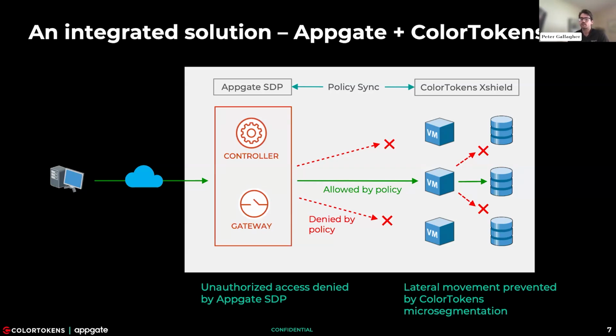So throughout this demo, we're going to see essentially the same machine with different users logging in. And because of the attributes that they have, in this case from the identity provider that the organization uses, we can be smart about the identity attributes and use that to define policy.